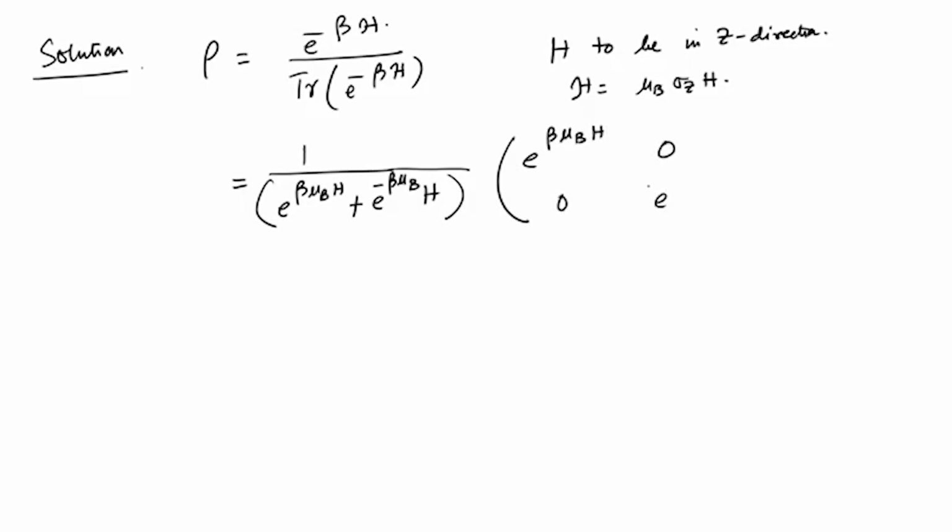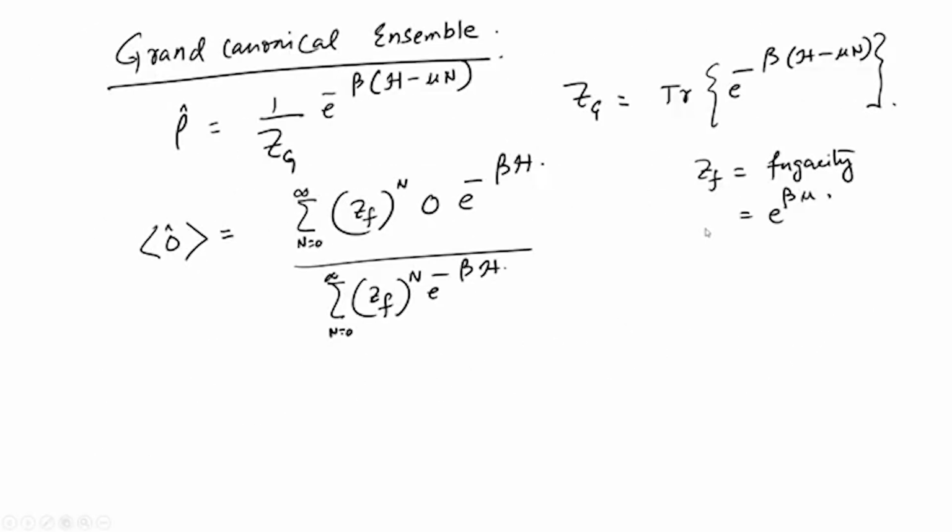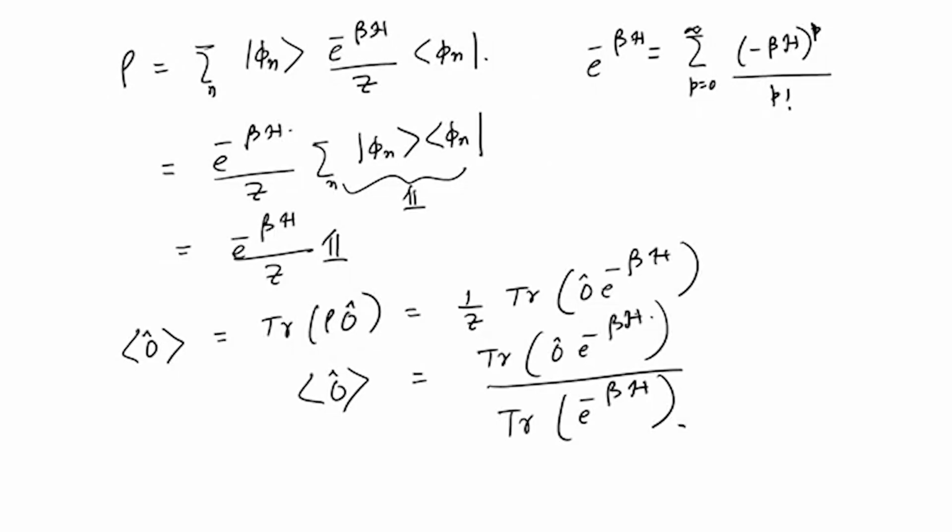So, this is like the exponential minus beta mu b h, and the way you can prove it is simple: you have to expand this thing in this form, and then use the properties of the Pauli matrices, which tell you that the even powers of sigma are equal to 1, but the odd powers of sigma are equal to sigma.